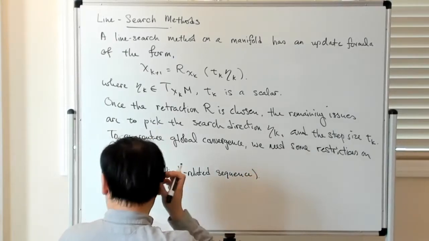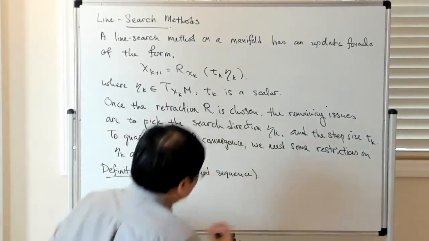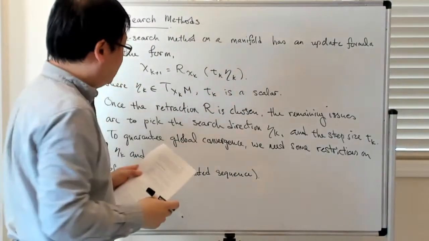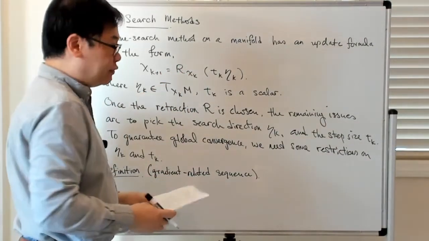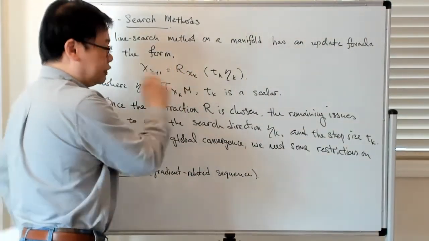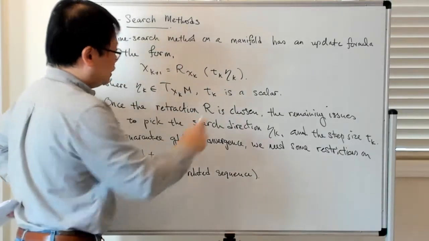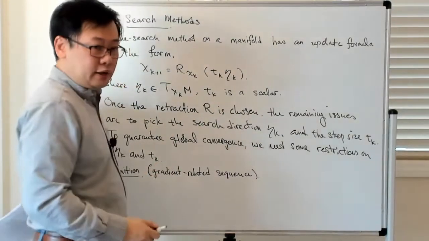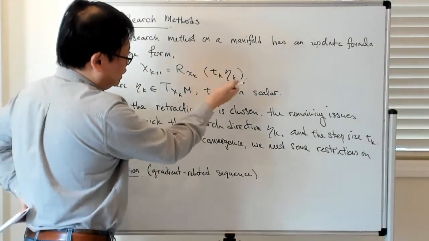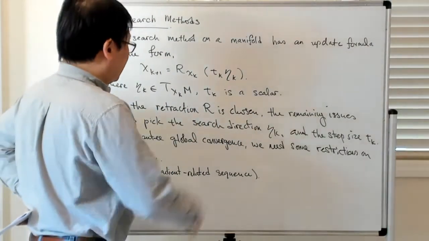Of course, the whole reason is to try to enlarge the class of choices we have in constructing these line search algorithms. Instead of just looking at Riemannian exponentials, we've looked at retractions. Instead of looking at just the gradient, we're going to look at what are called gradient-related sequences, and instead of just picking some fixed step size, we have a condition on that.